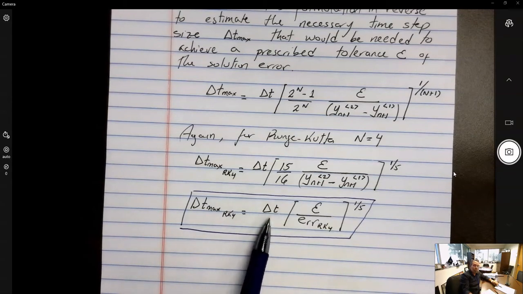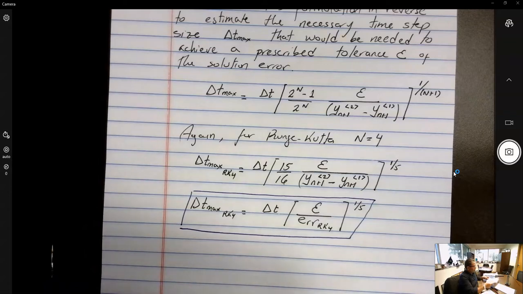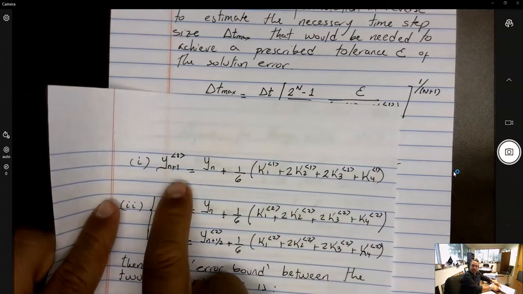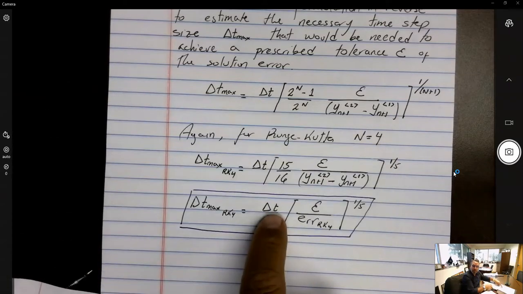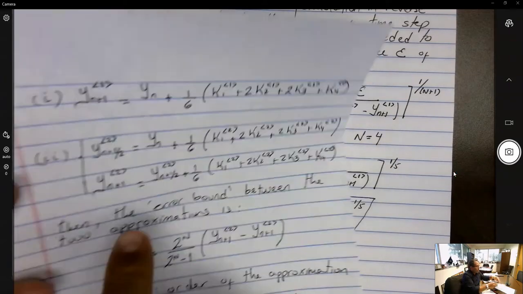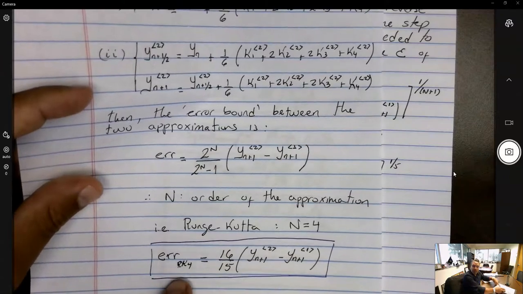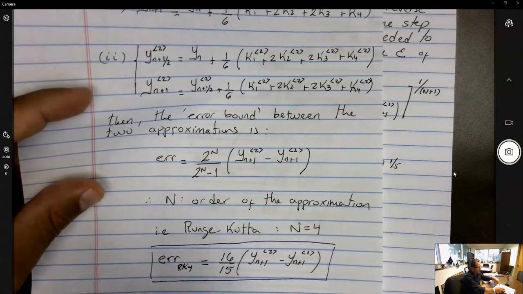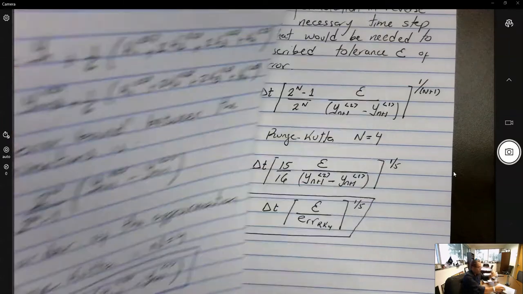Then you use that to calculate an estimation of the solution at the next time level, y1 and y2 at time level n plus 1. So you use that prescribed delta t, and with that, you calculate an error between the two: the error of Runge-Kutta 4, 16 over 15 of the difference between the two, at the same time level, n plus 1.